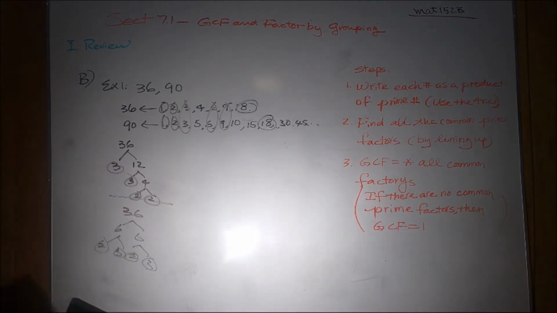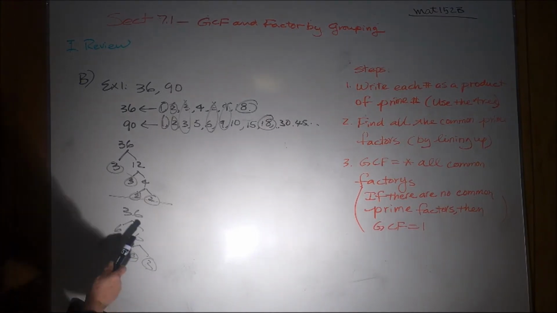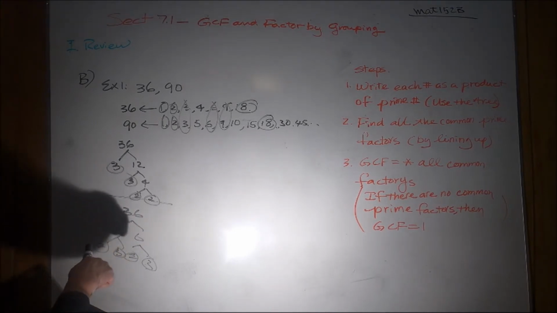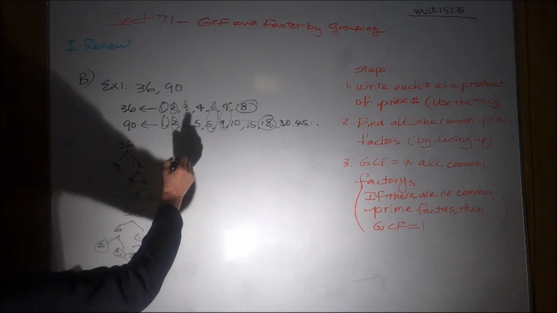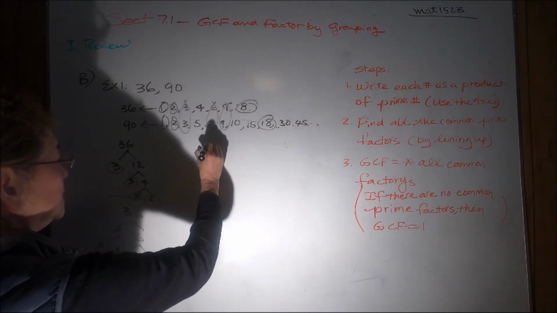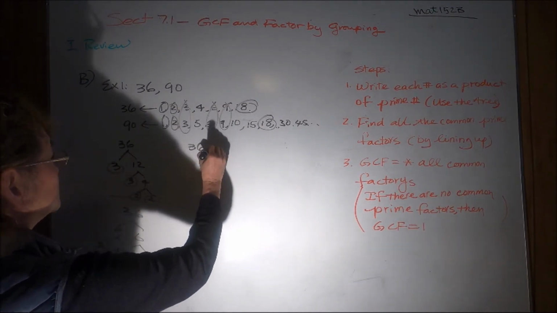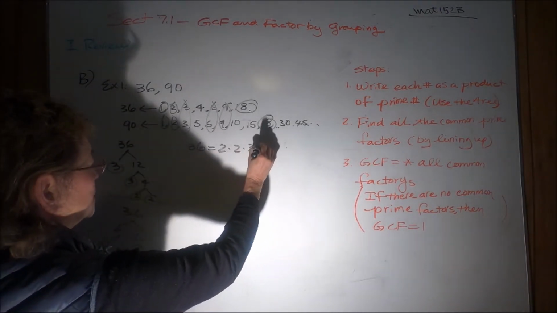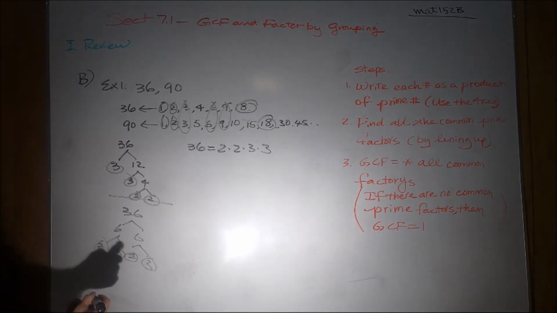You end up the same, right? We write it from the smallest one to the largest one. So 36 would be 2, 2, 3, 3.